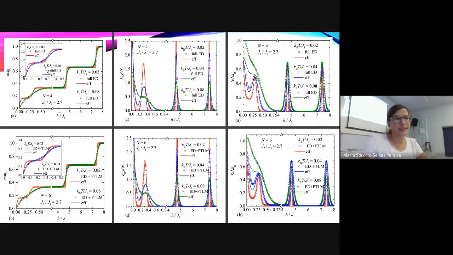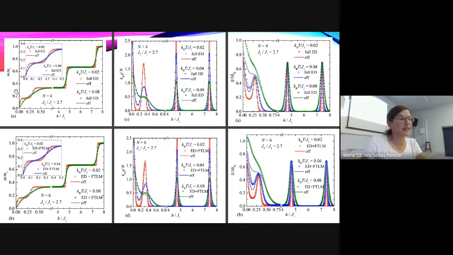So here are magnetization, susceptibility, and entropy as a function of magnetic field for 4 unit cells, which means 20 spins, and on the lower panel, the same for 6 unit cells, which means 30 spins.